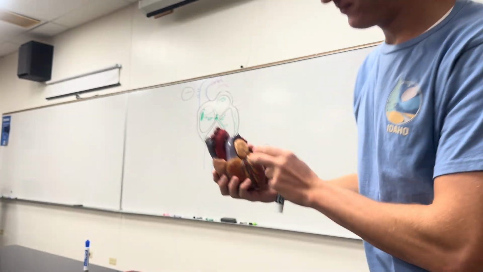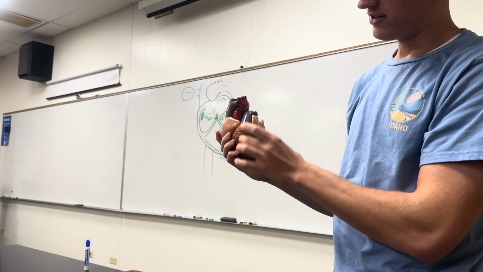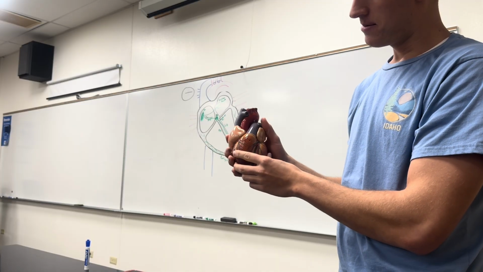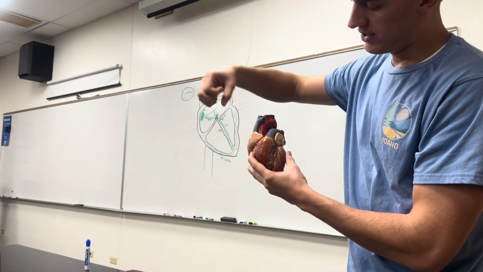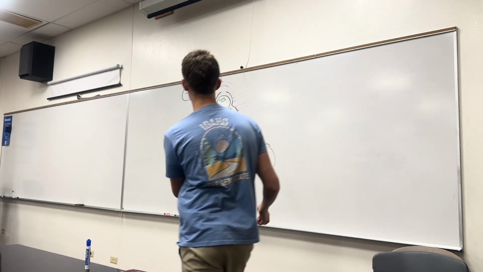So, this is the front of the heart. These are our atria, these are our ventricles. And what happens is, we squeeze this side, and it spreads down our pathway here.